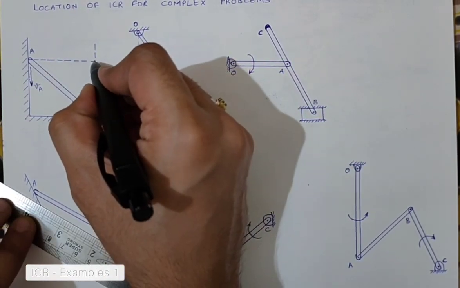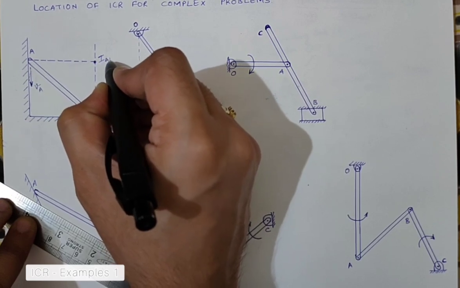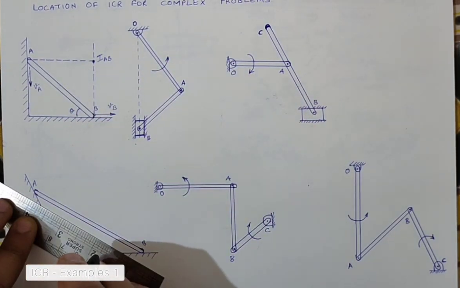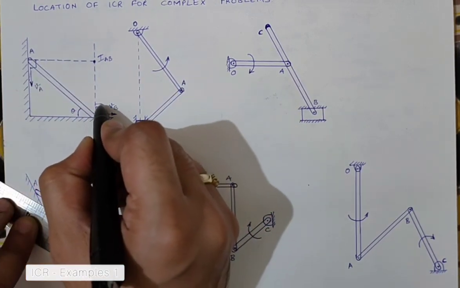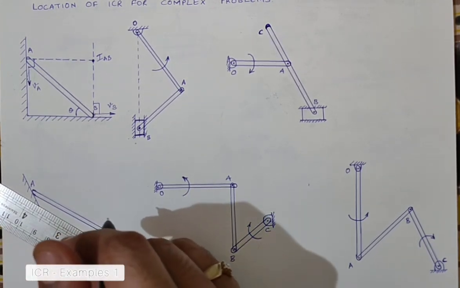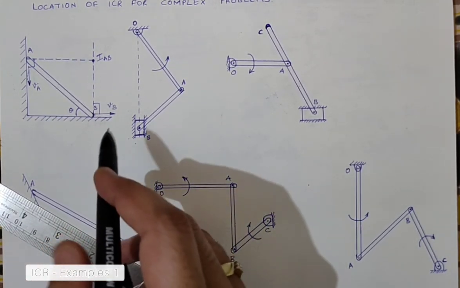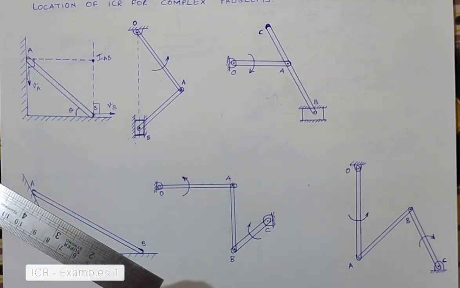So the intersection point is nothing but the ICR of AB. This I'll just show over here. These are the perpendiculars. So when we are locating ICR, we just have to make sure that we know the direction of velocities of any 2 points on the given link.